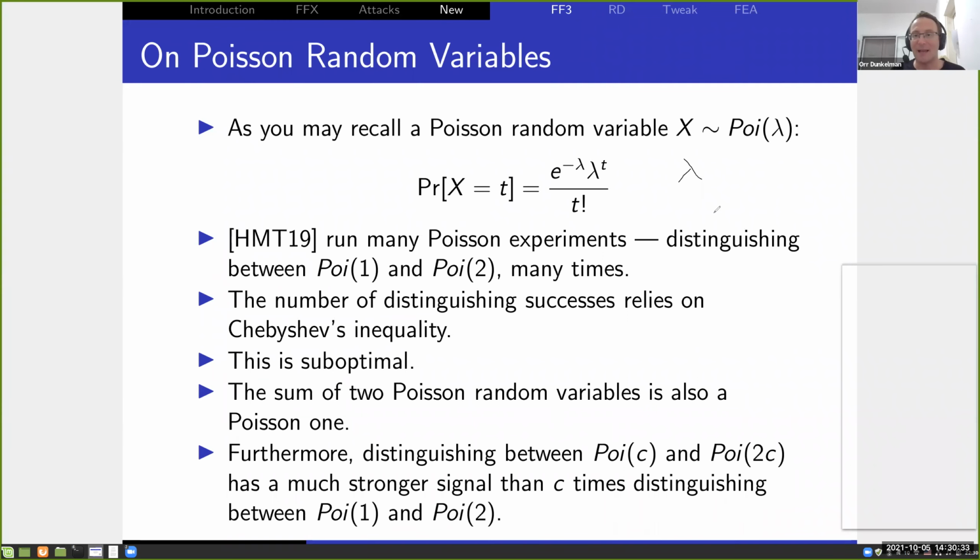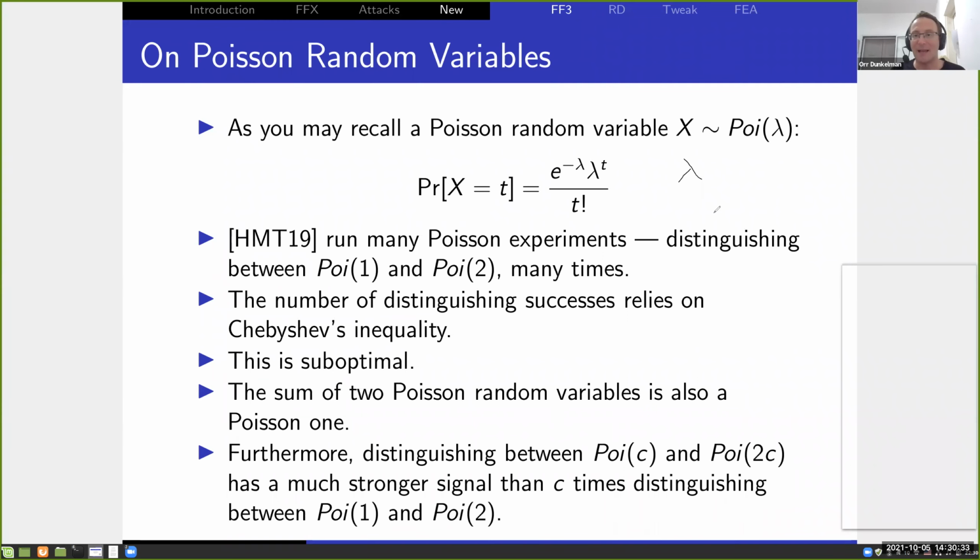However, if you pick C to be very large and you try to distinguish between Poisson C and Poisson 2C, the distance here in standard deviation units is significantly larger. And because you're trying to distinguish between 2 distributions, you want the distance to be as many standard deviations as possible. So this is something that you can easily do, and you get a significantly better distinguisher.